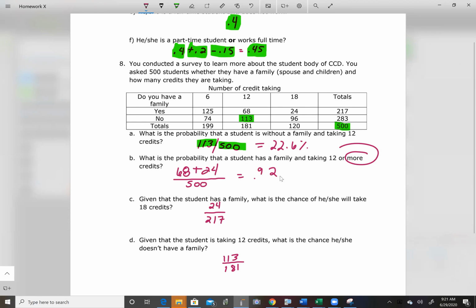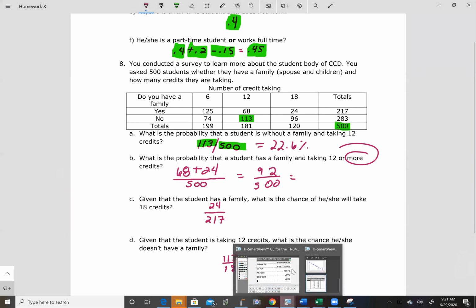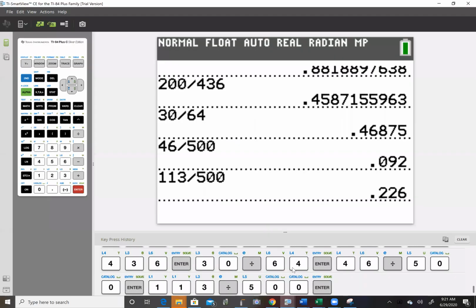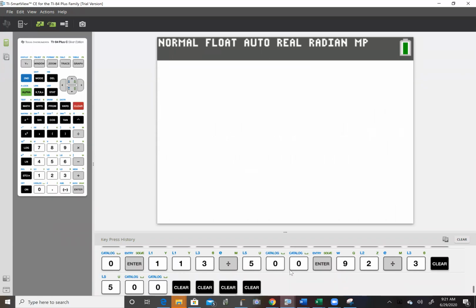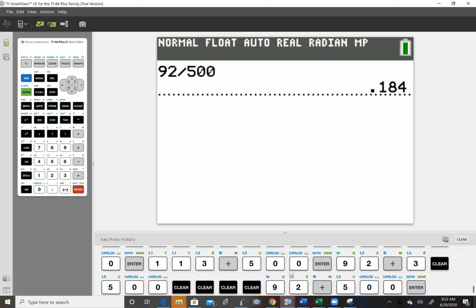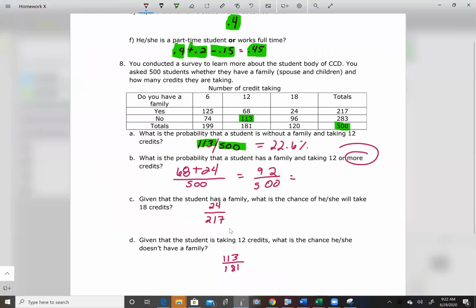Double check my math, 92 divided by 500 is 18.4%.